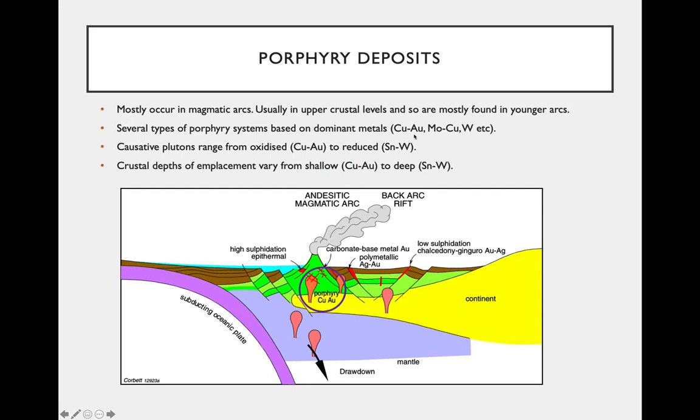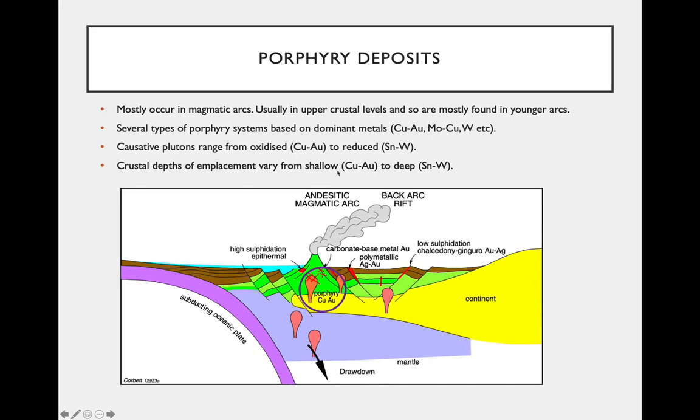The main types are copper-gold versus moly-copper, one dominated by copper, the other by moly, but you can also get tungsten porphyries as well. The copper-gold ones are oxidized plutons, predominantly I-type. You can also get reduced S-type tin-tungsten systems.